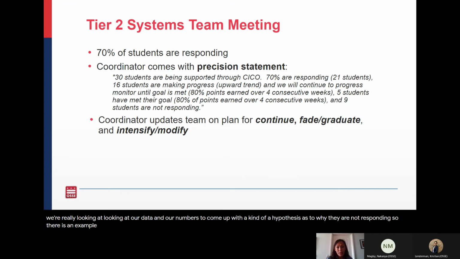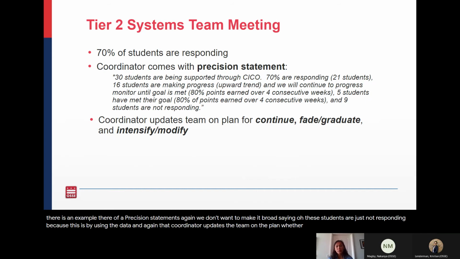So there's an example there of a precision statement. We don't want to make it broad, saying, oh, these students are just not responding because this is not working. We try to figure out why using the data. And again, that coordinator updates the team on the plan, whether to continue FADE or intensify for certain students.